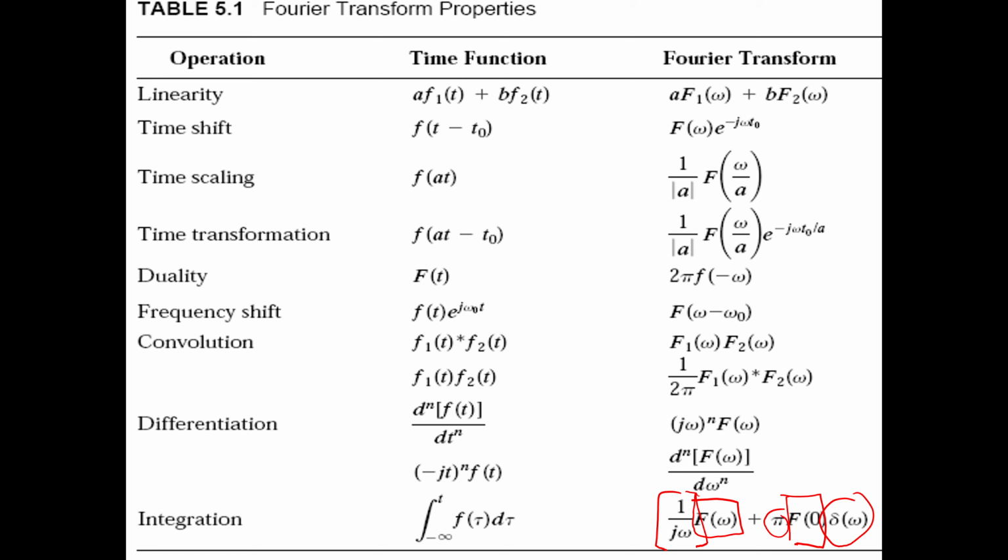Time shift means we multiply by e to the minus j omega t naught. Time scaling, we divide. If it's shifted, multiply by e to the j omega naught t naught, but it also has a scaling, so divide. The rest is the duality function, which has been discussed.